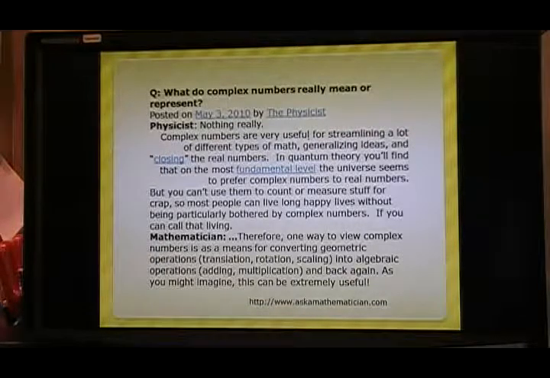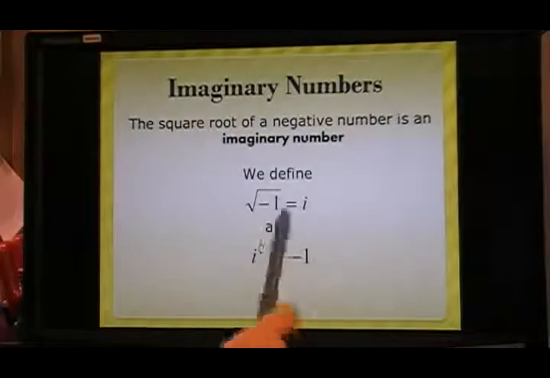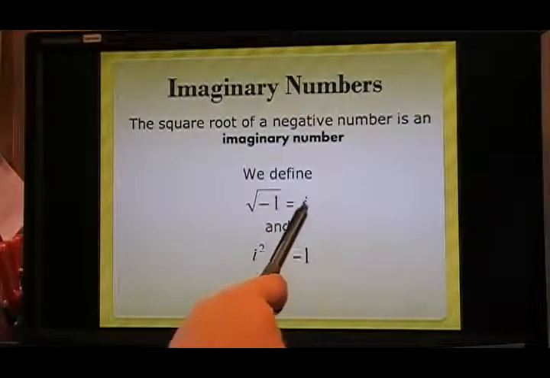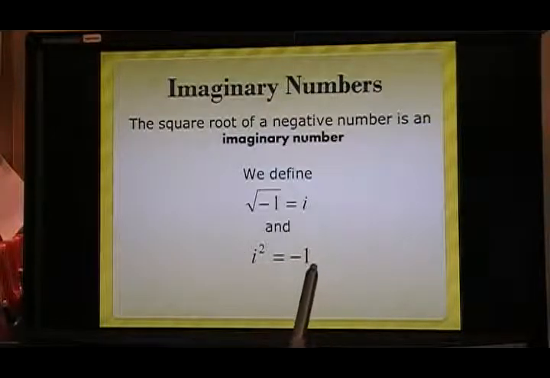So as we're going through, first of all, how an imaginary number is defined. The square root of any negative number is an imaginary number. By definition, the square root of -1 is i, and also i squared is -1.